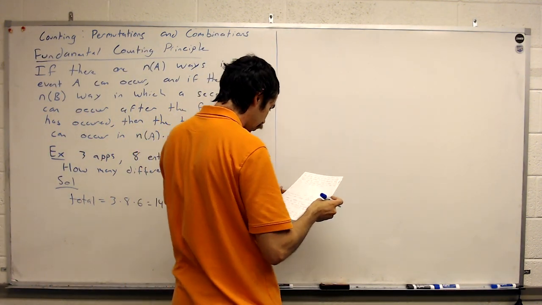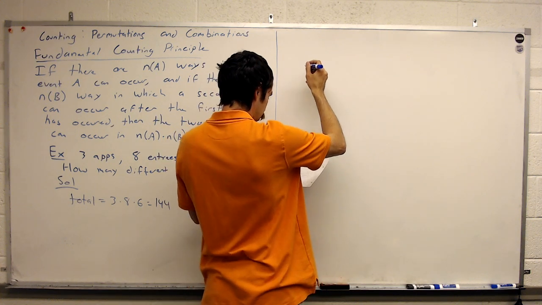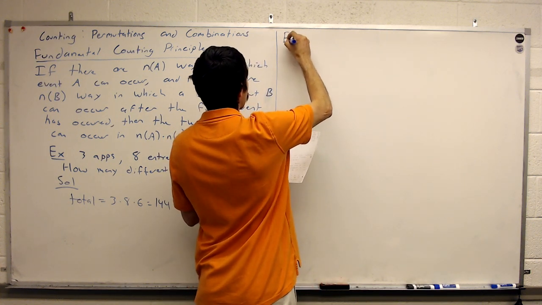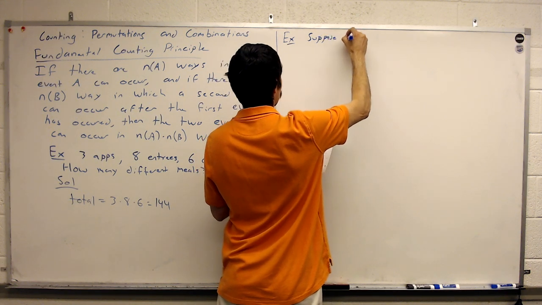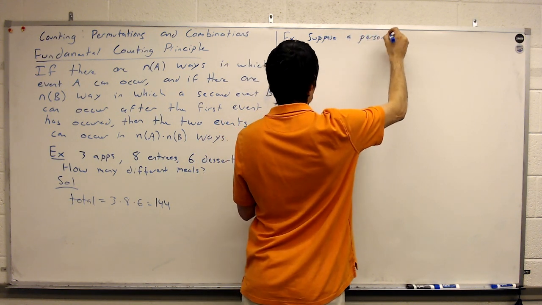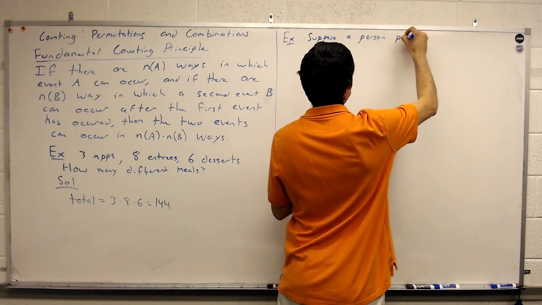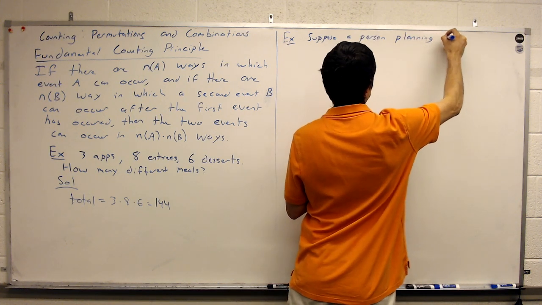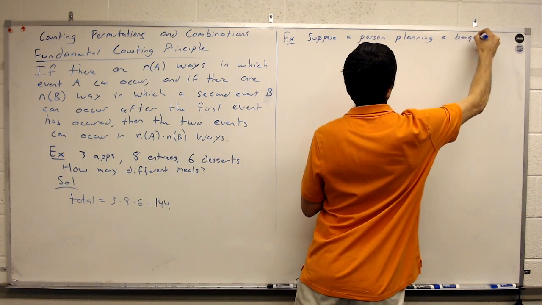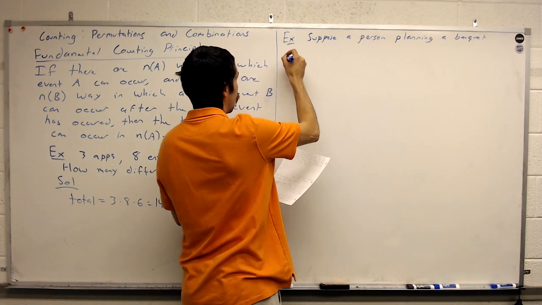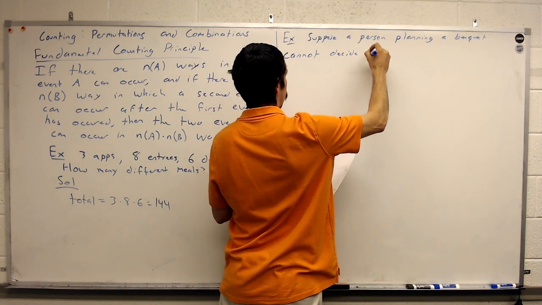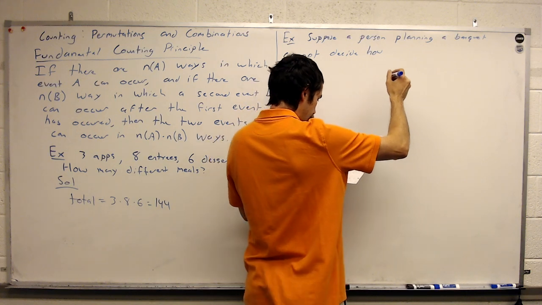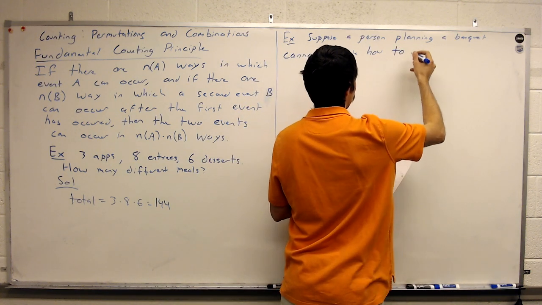Okay, let's take a look at another example. Suppose a person planning a banquet cannot decide how to seat the 6 honored guests.